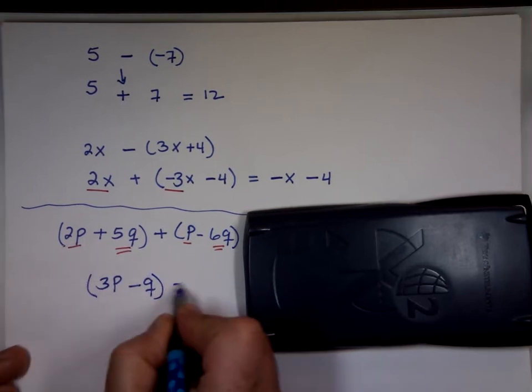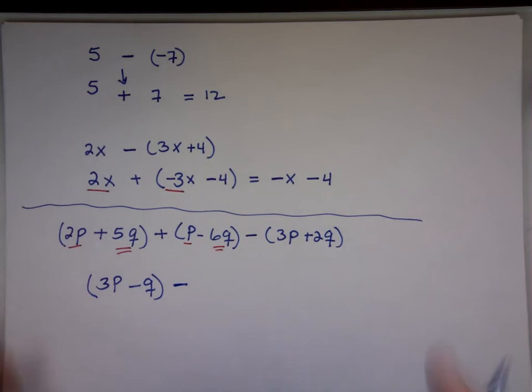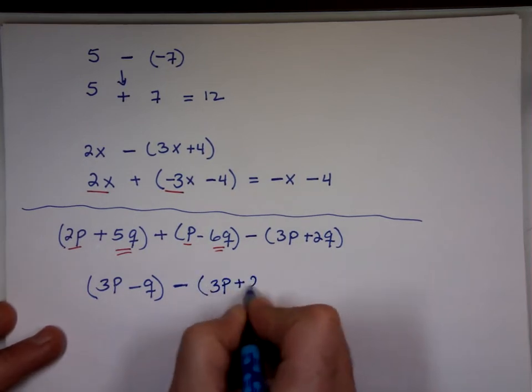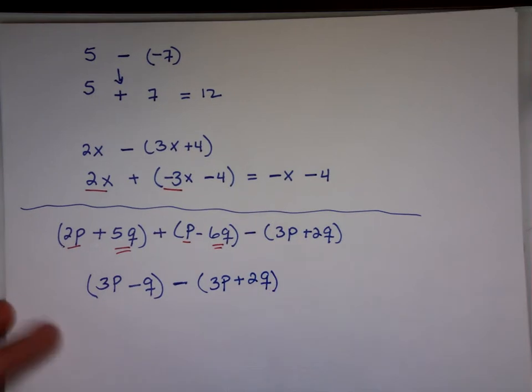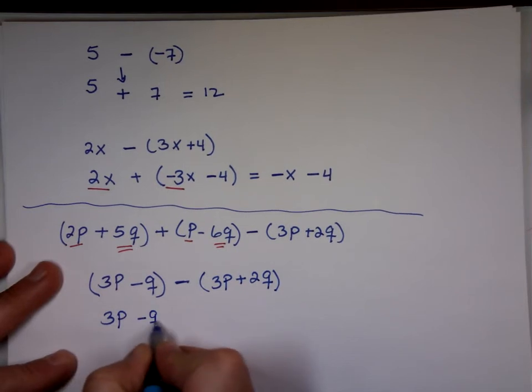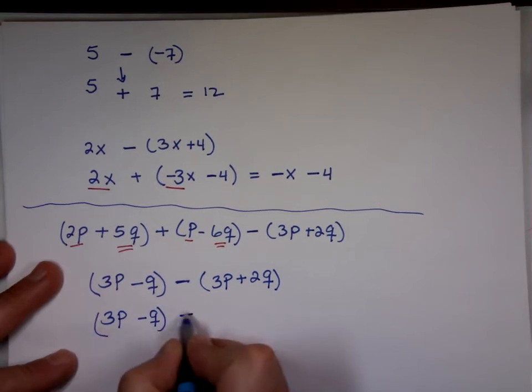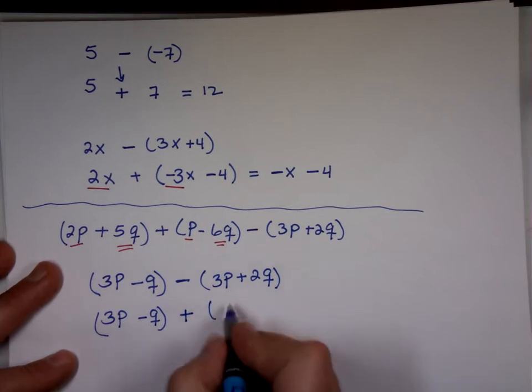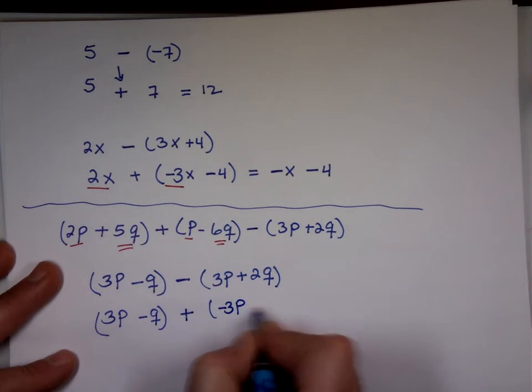Now you want to subtract from it 3p plus 2q. If you don't like subtractions, change it to addition and flip all the signs inside. Do the opposite of that, which is what? Negative 3p minus 2q.